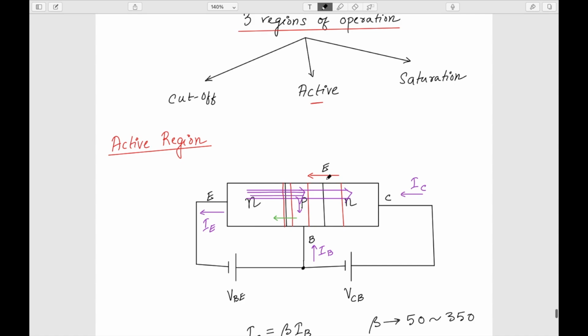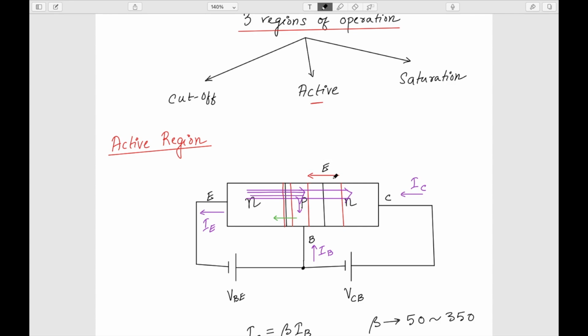This is because, as we discussed in the PN junction, the carriers are drifted by the electric field, and it doesn't matter what this electric field is. As soon as the carriers come here, they just get drifted to the other side.